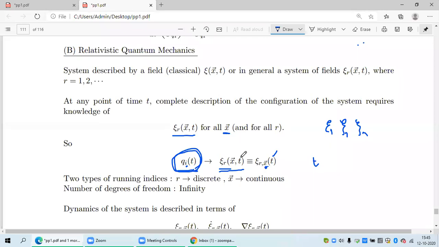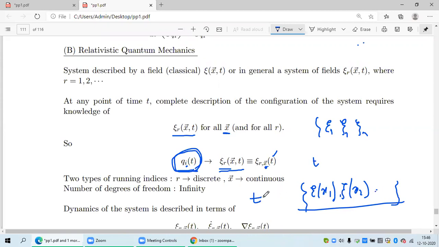So in other words, you write the field psi at x1, the same field psi at x2, dot dot dot, up to all x points. These are the set of numbers at a particular time.